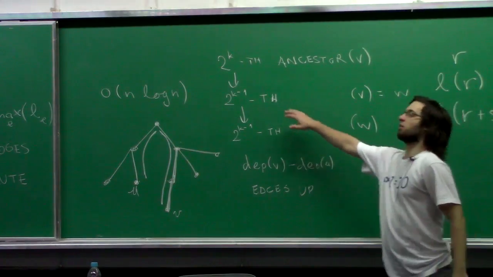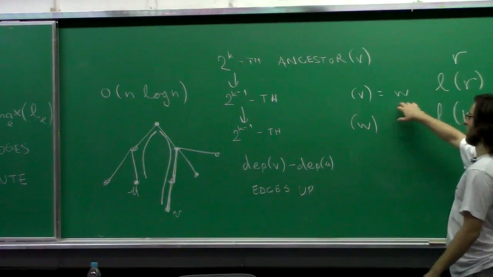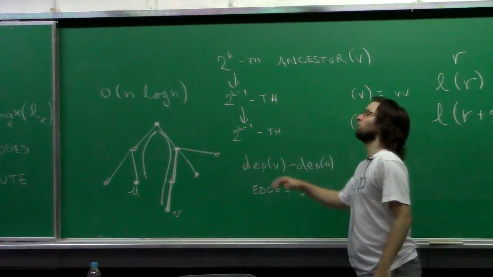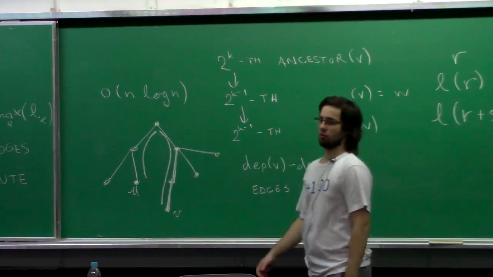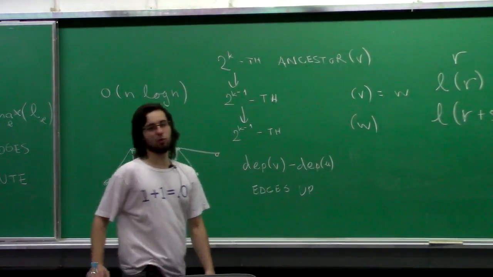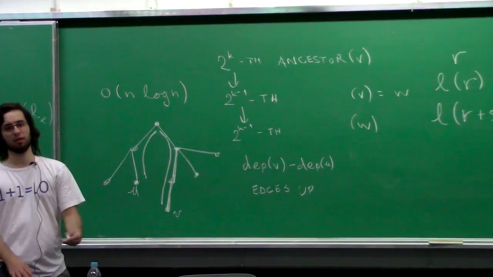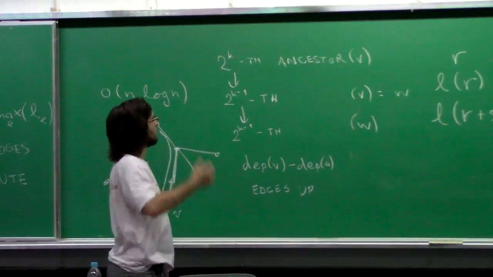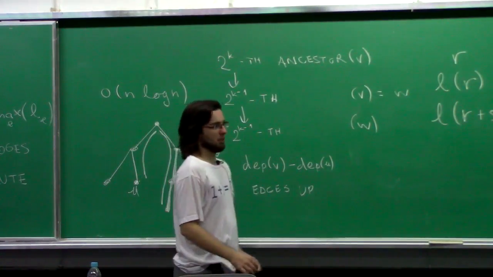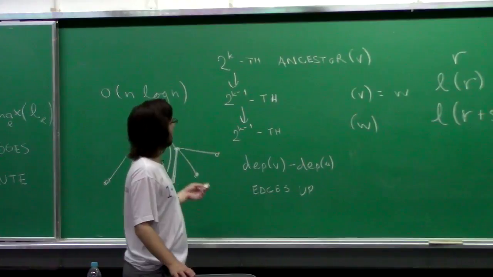If this 2 power k minus 1 ancestor of v was w, then we just take the 2 power k minus 1 ancestor of w. So we move 2 power k edges up by moving 2 power k minus 1 edges up, and then again moving 2 power k minus 1 edges up. That's 2 times 2 power k minus 1, which is 2 power k.